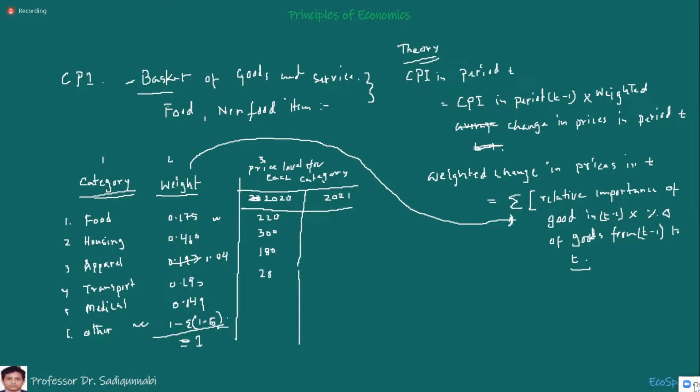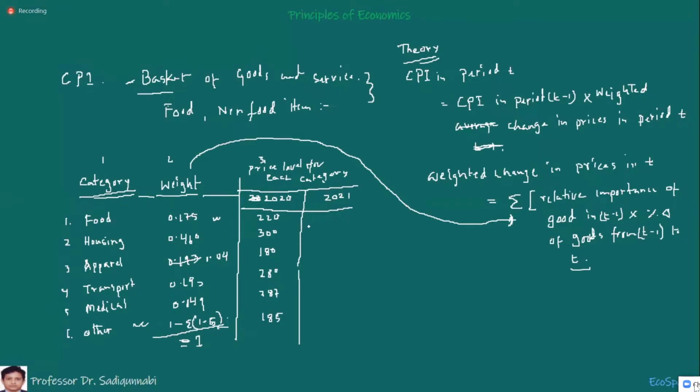Then 280. Then suppose 287. So these are all price levels for these categories. And suppose others is 185. Let's suppose 1, 2, 3, 4, 5, 6.